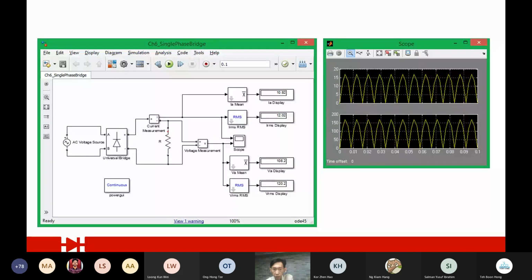Rectifier. Try to find this. Full wave. Because I did 2 versions.